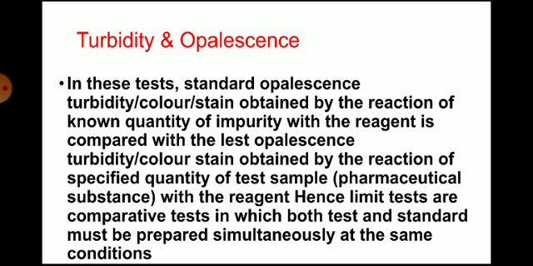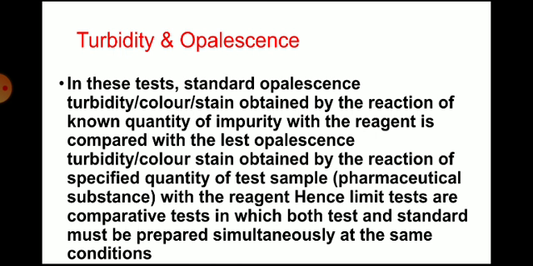For the observation in the limit test for impurity, we check the turbidity and opalescence. In the limit test, the standard opalescence or turbidity or color or stain obtained by reaction of a known quantity of impurity with reagent is compared with the test opalescence or turbidity.